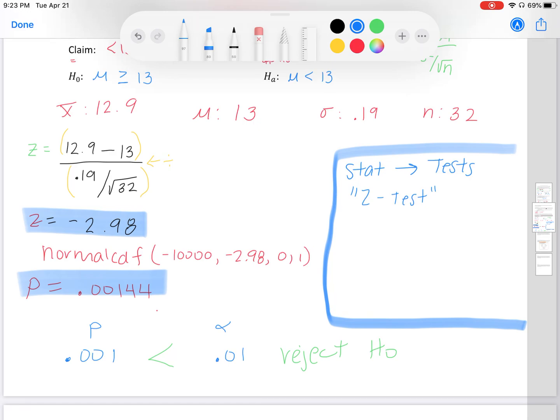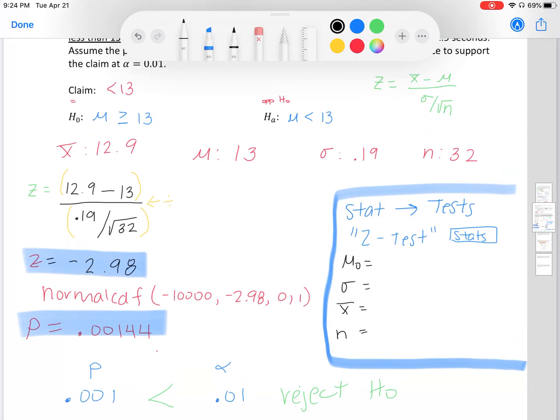Okay, once you choose that, you're going to input this data. Make sure Stats is highlighted. All right, so you want to make sure you fill out your mean, your standard deviation, your X bar, and your N. Okay, then you have three options: not equal to, less than, or greater than.